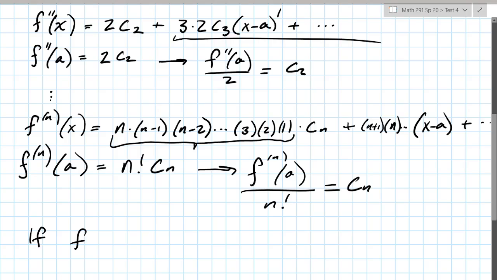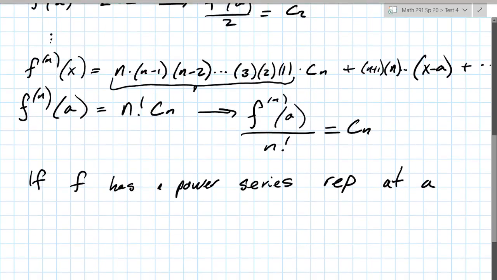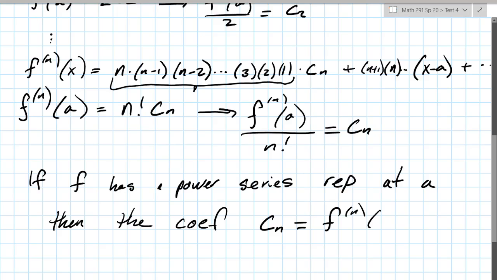If f has a power series representation or expansion at a, then the coefficients are given by c sub n is the nth derivative at a divided by n factorial.